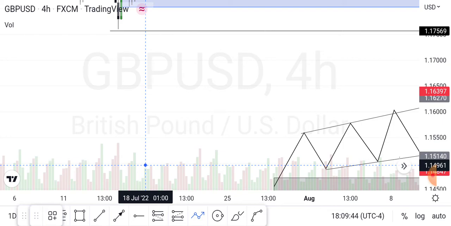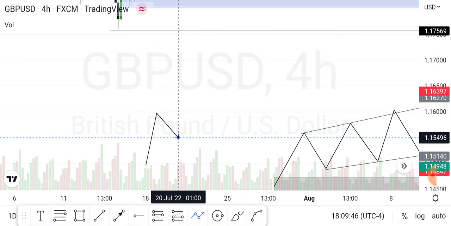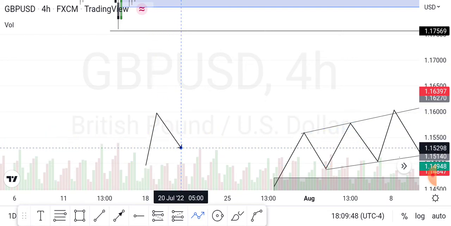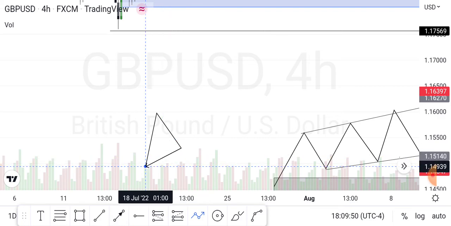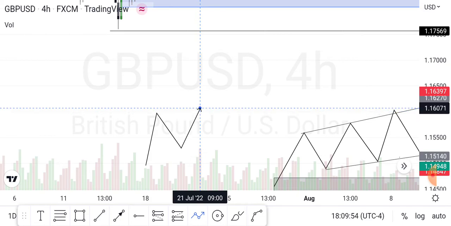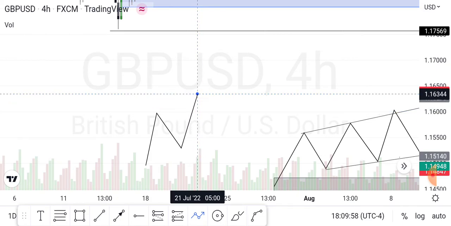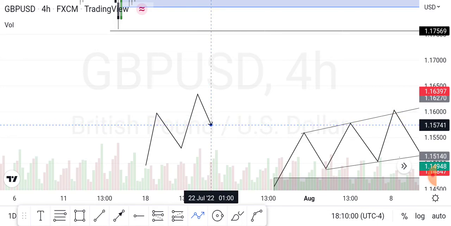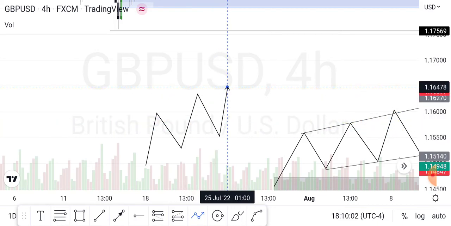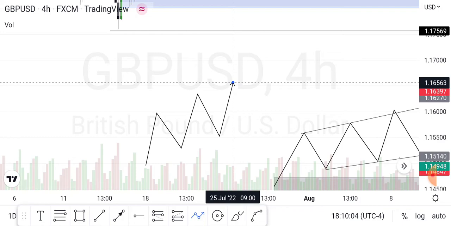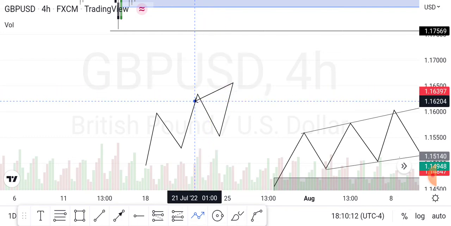This kind of pattern where we see this break of structure, we see this pullback, and we have an unmitigated demand here, but price went further to keep creating this movement. Let's see another break of structure here. We still have another break of structure here. Now this is where we have what we call complex market structure.